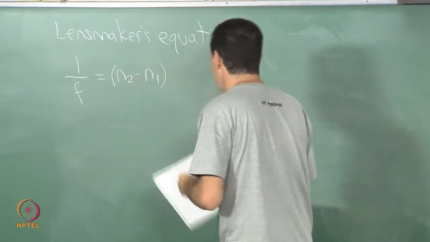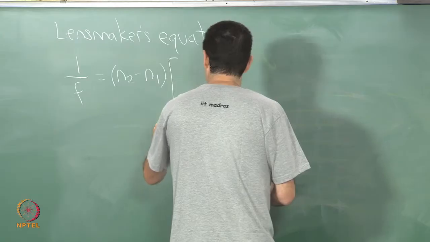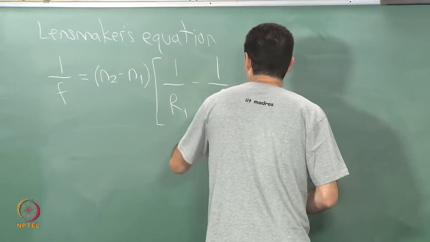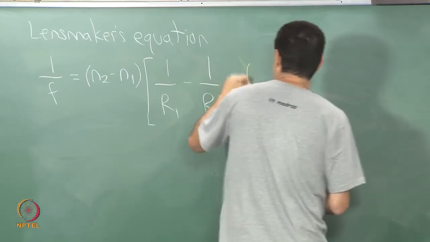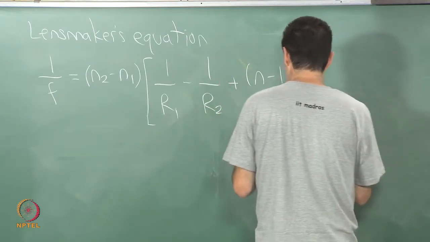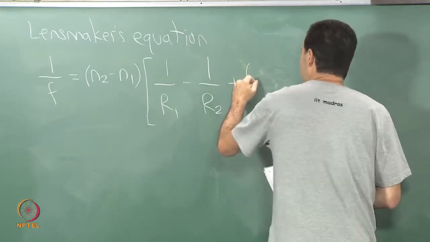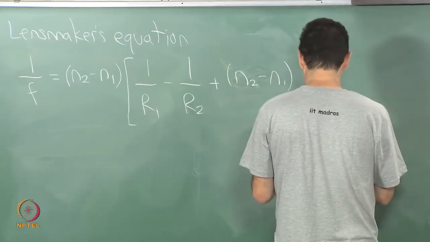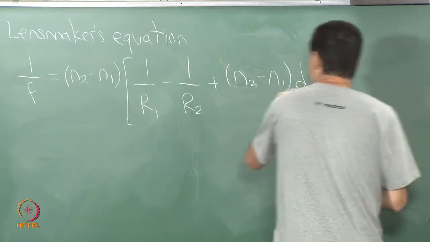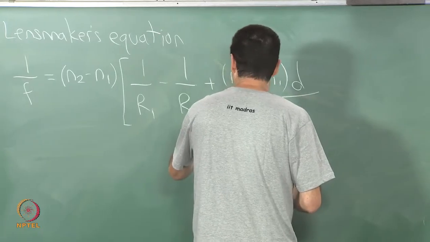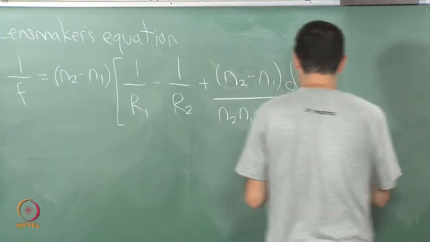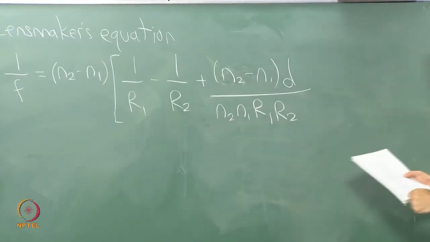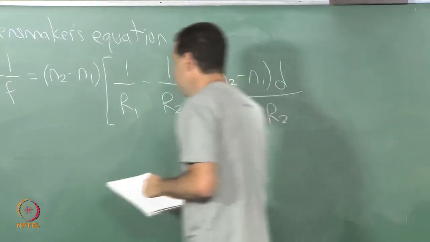I'm writing it in a little more general form than I have in my notes here, but it should be okay. 1 over R1 minus 1 over R2 plus, this is the place where I'm doing it a little more generally, N2 minus N1, D divided by N2 N1, R1 R2.